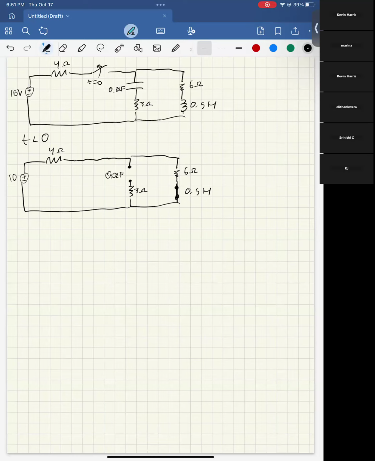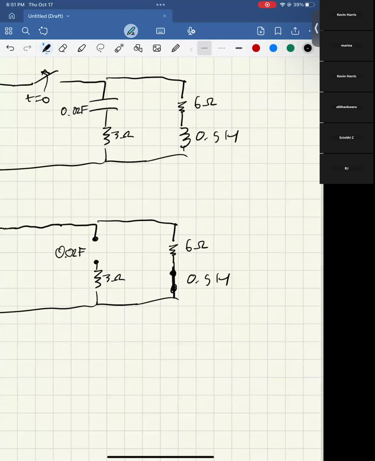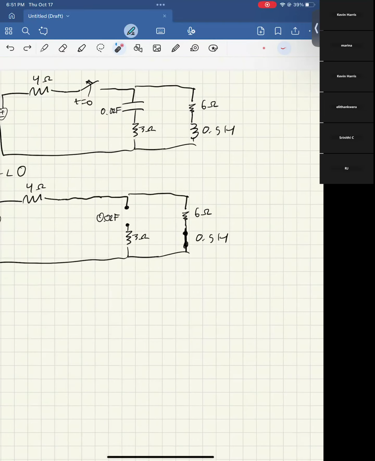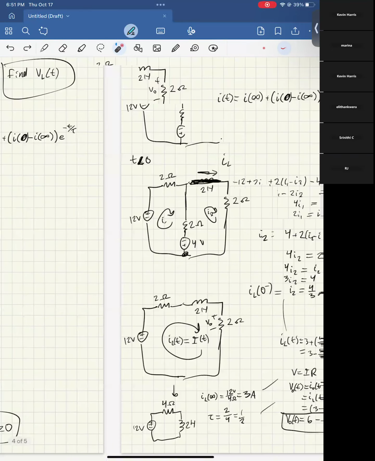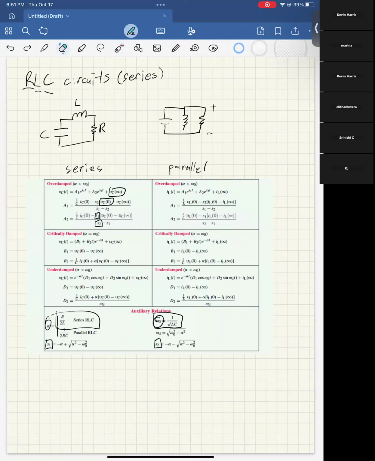And so what we want to find here is, if we look at this circuit, after this switch is opened, all we're left with is, oh, I have a laser pointer. Once this opens, all we're left with is this part of the circuit, which is going to be a series RLC circuit. So with that, we want to look at our table and say, okay, for a series RLC circuit, what kind of variables do we need?